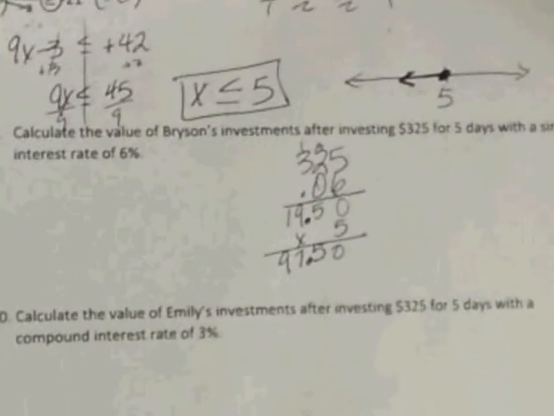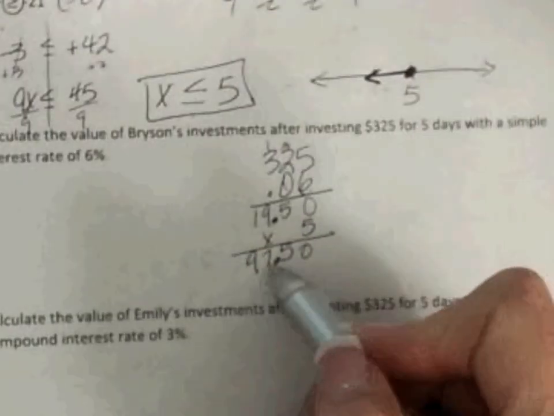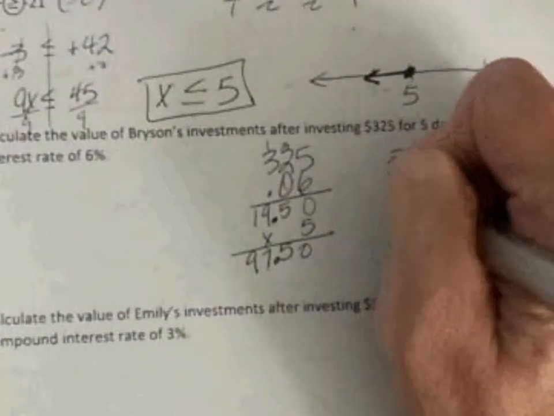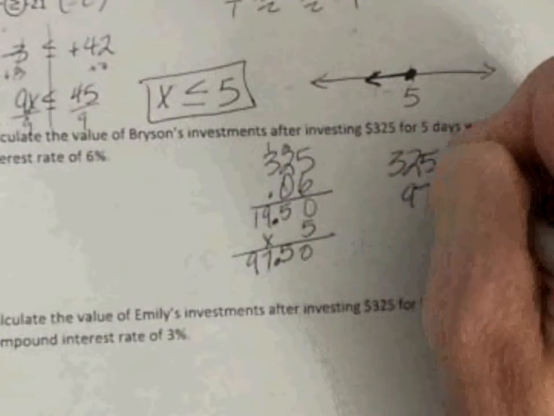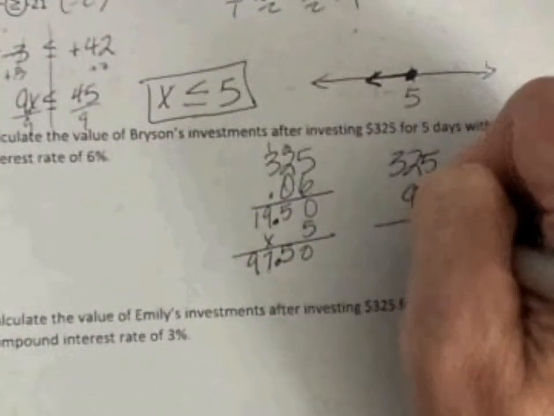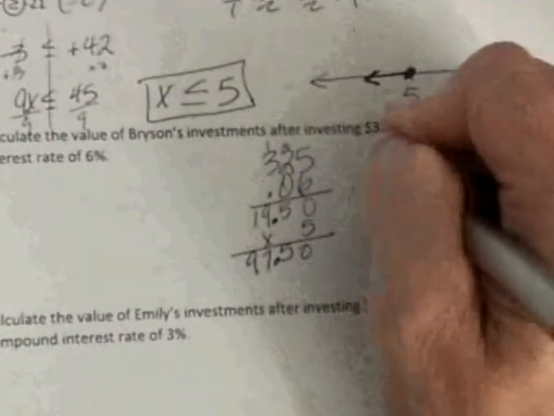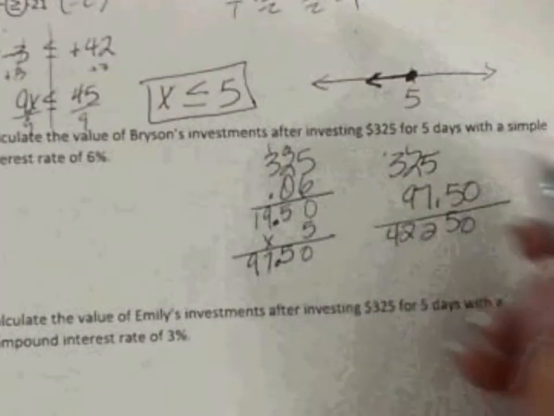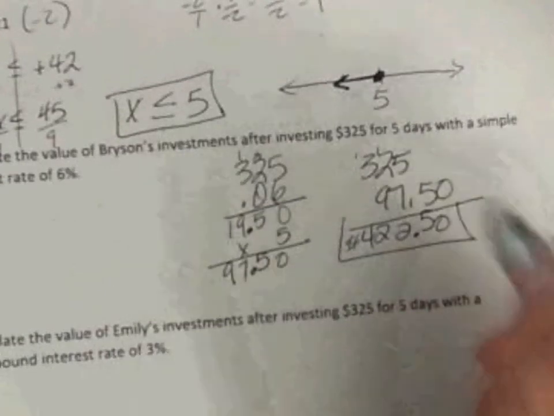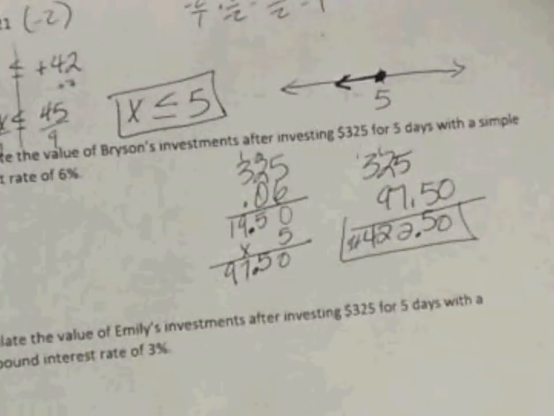So in 5 days, simple interest, $97.50. We add that back into our original principal. Okay, and we have $422.50 is what you earned with simple interest, accumulating daily for 5 days.